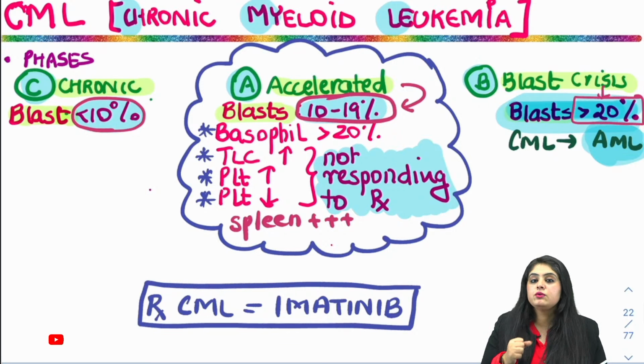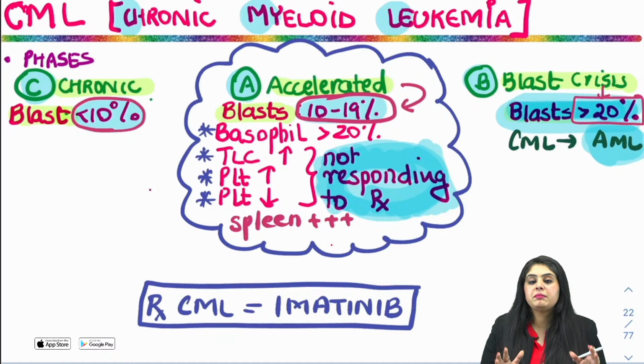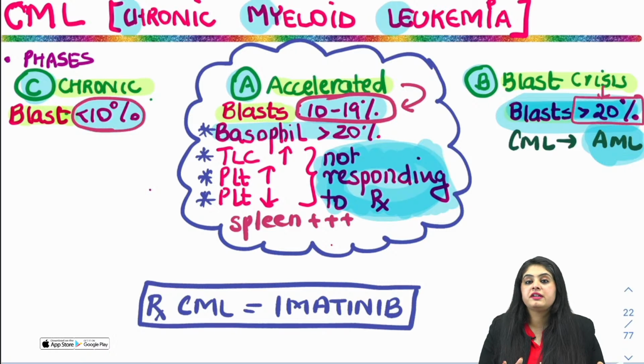So imagine if they give you a scenario where you are giving imatinib to the patient, but the patient is not responding. Platelet count is either very high or very low, spleen is very big, basophils are more than 20%, nothing is responding. That means we are in the accelerated phase.